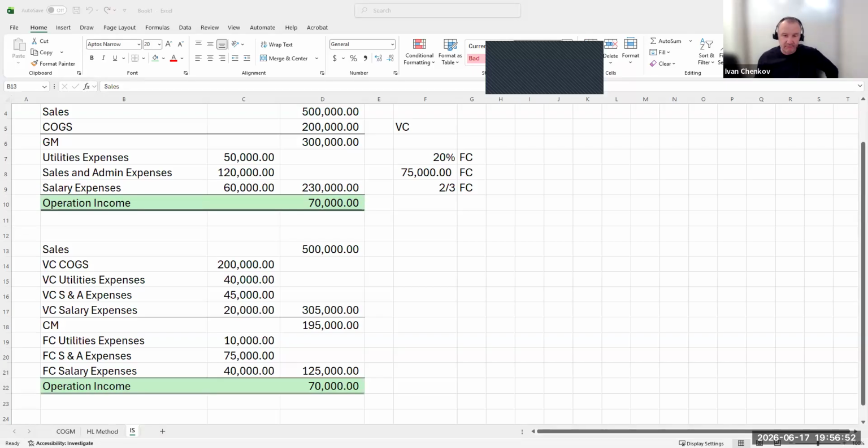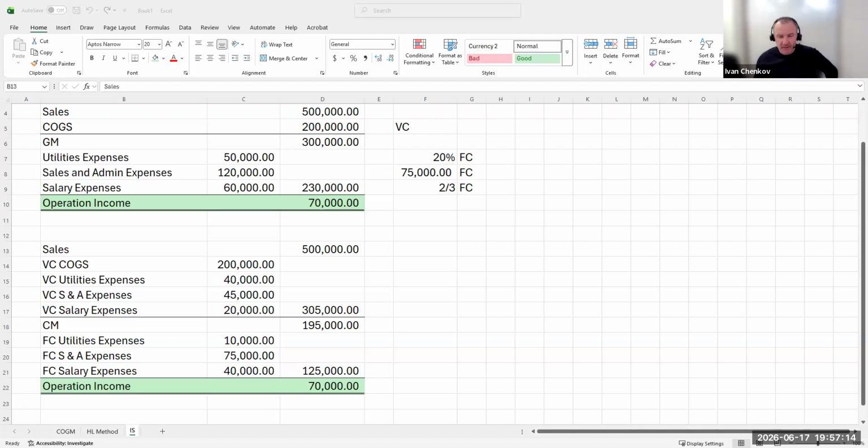Break even. On the break-even point, now, you have to know how to calculate the break-even. Now, on the break-even, there's a lot of questions posted already.